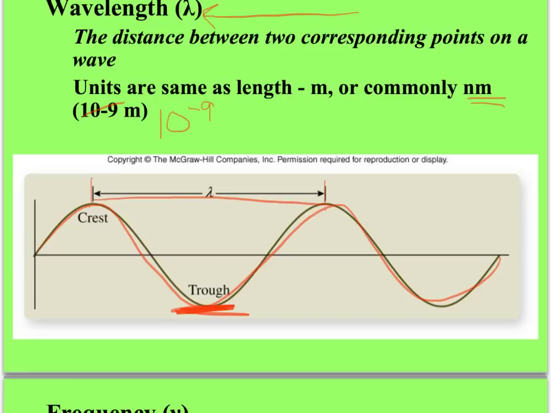Or you can go from trough to trough, or you can go from a repeating point. See how it's going up here on the axis? So you can go from there to there. See if y'all can see that. From there to there. I think that's all we need to say about wavelength there.